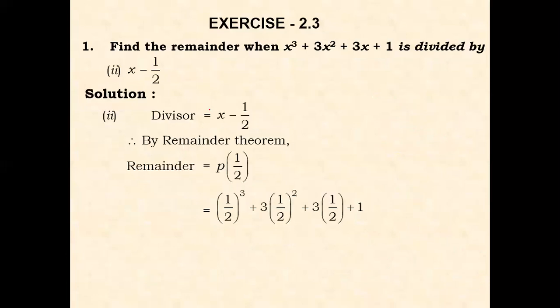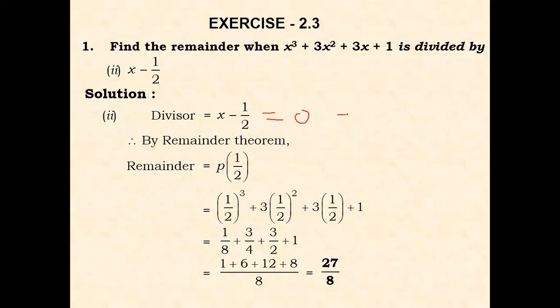The divisor is x minus 1 by 2, and you are supposed to find out the zero of the divisor, and that will be 1 by 2 itself. When you equate it with 0, you will get x is equal to 1 by 2. And this is what the zero of the divisor.